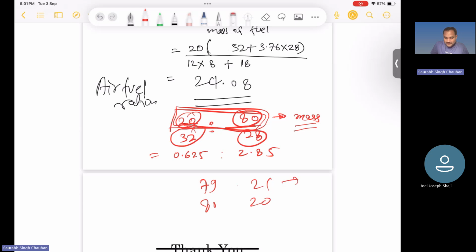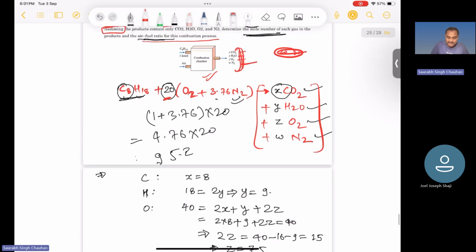So most probably it is by volume, so you don't need to divide it by 32 or 28, but if it is by mass, then you should divide it. But this value I remember because most of the time I am doing calculations for combustion, so it is like a standard value.